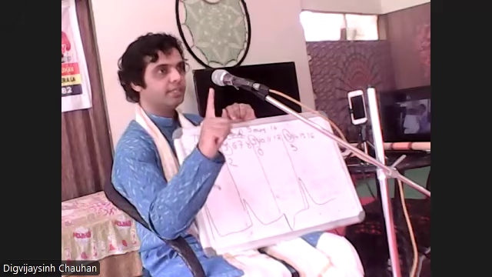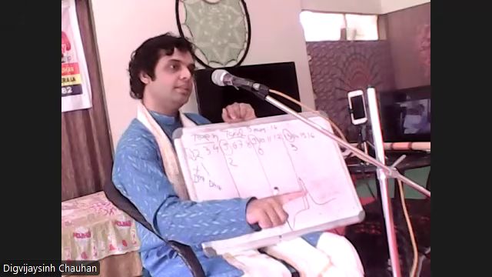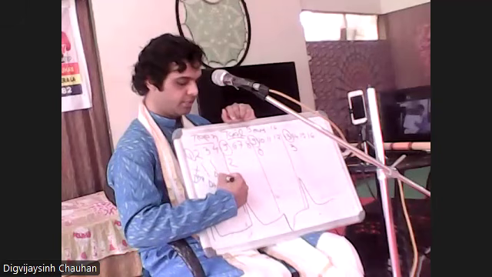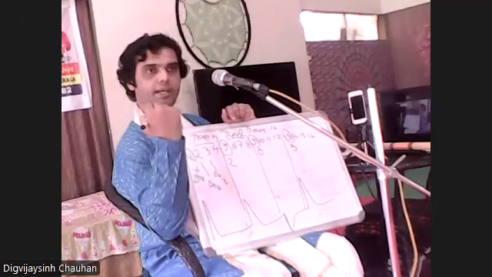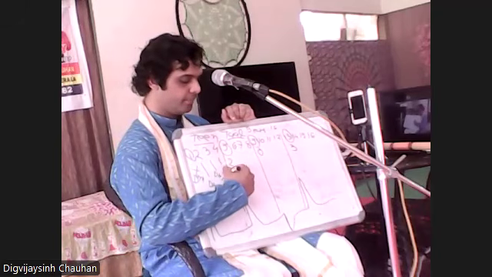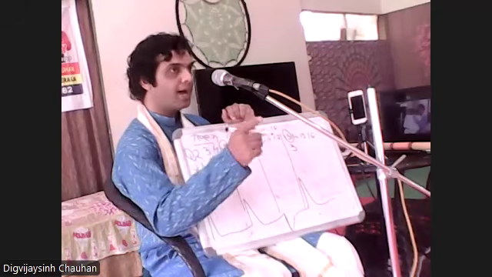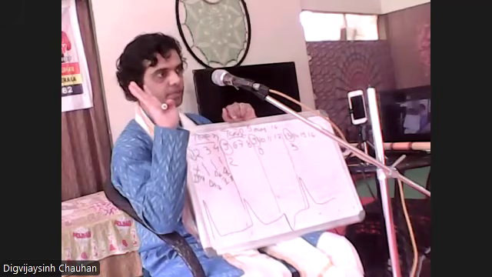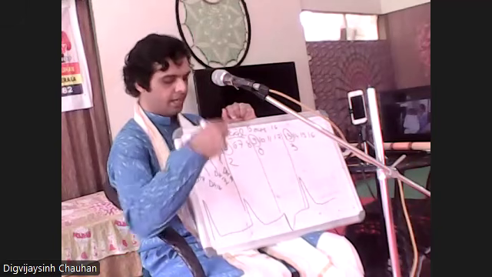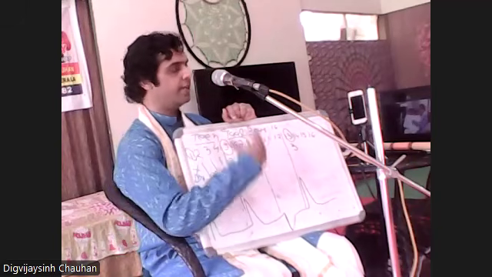Third beat is again din. Fourth beat is dha. So dha, din, din, dha. Is it clear? Same batch of the bol for the next 4.